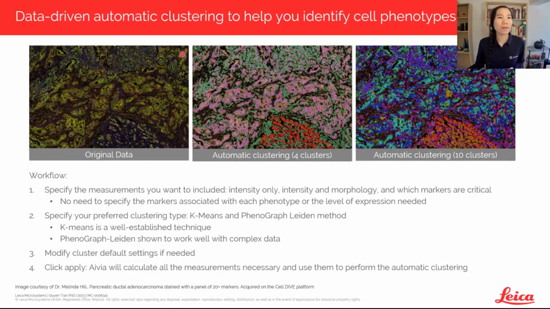In the example above here, the cells within this pancreatic tissue were detected and then automatically clustered into either 4 groups or 10 phenotypes here. With the automatic phenotyper, the transition from 4 to 10 clusters required only one parameter change.